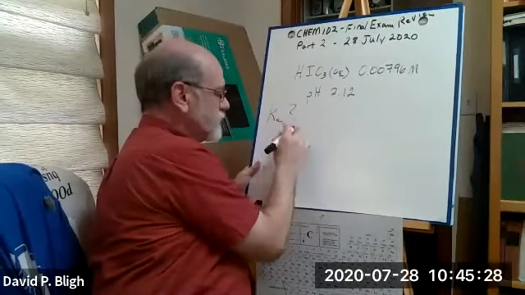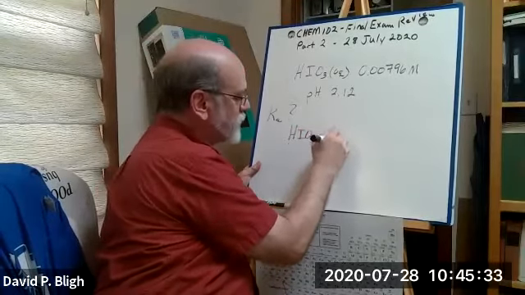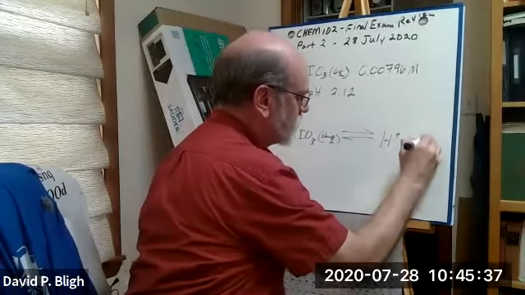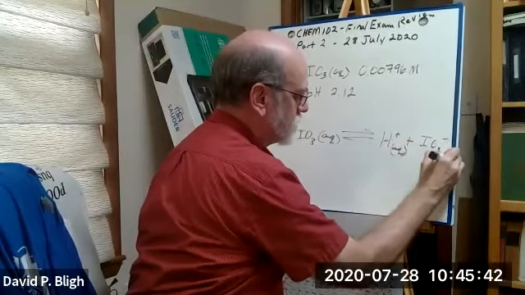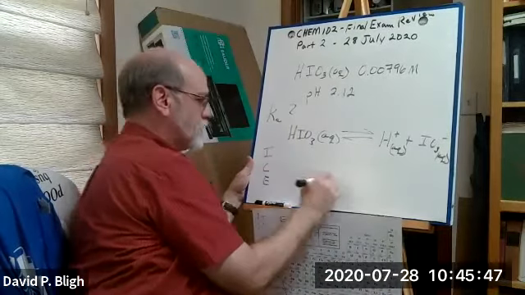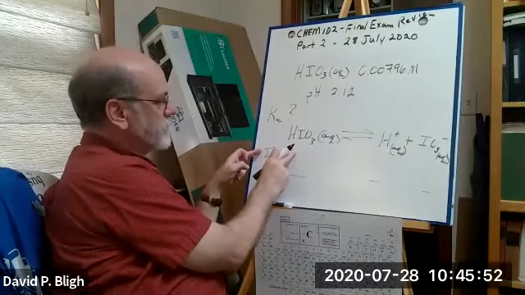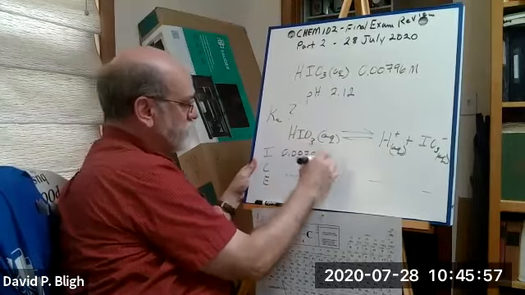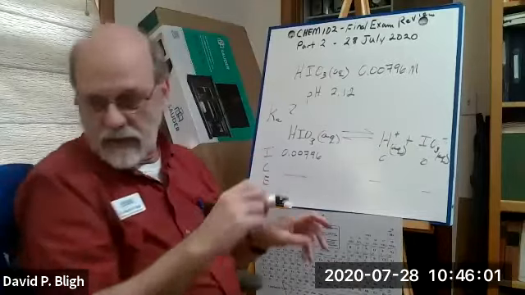So we need the reaction, the dissociation of this compound in aqueous solution yields that plus that. Those are aqueous. Then we need an ice table. Okay, our initial concentration here is 0.00796, and that's 0, and that's 0.